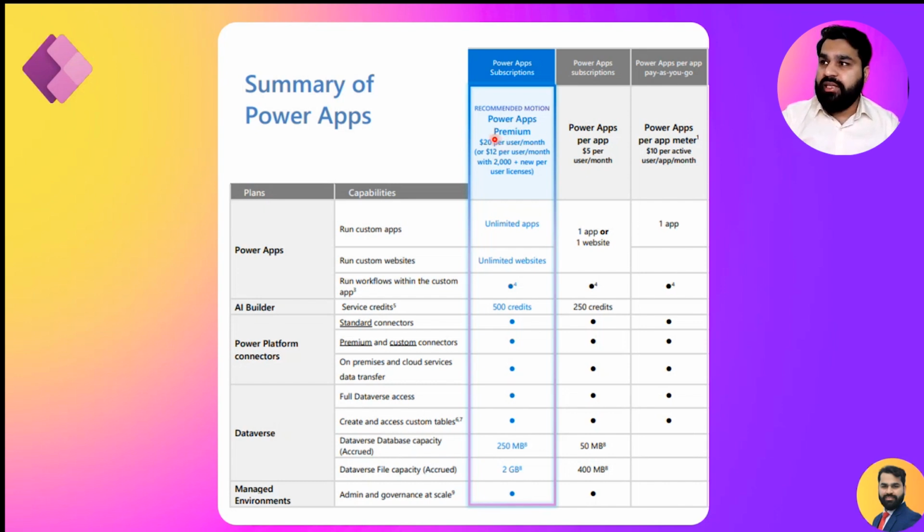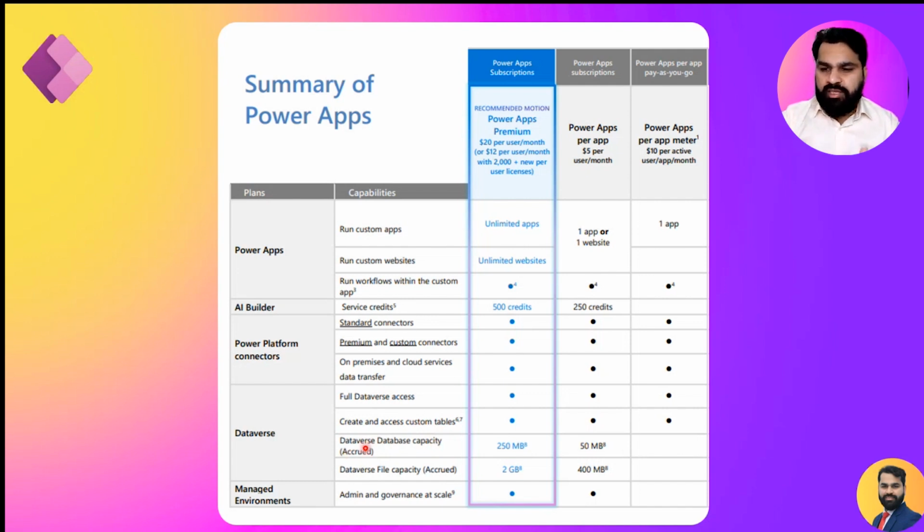So for example, if an organization procures one Power Apps premium license, 250 MB of the Dataverse database capacity will be acquired to the organization tenant. If there are 10 such Power Apps premium licenses procured by an organization, then it will be 2500 MB of database capacity acquired to the tenant.